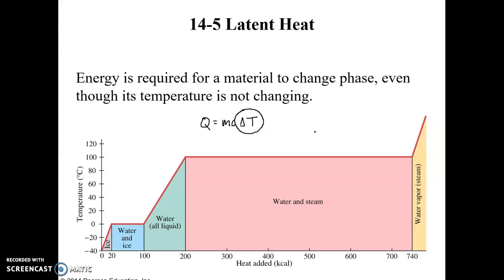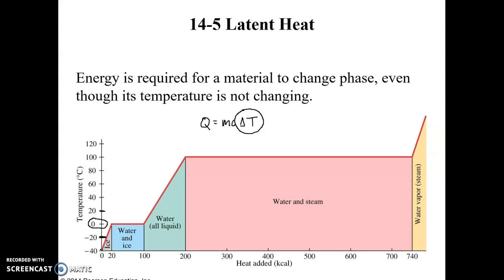For instance, if we're dealing with water, like we see in the diagram here, and our initial temperature is, let's say, negative 20 degrees, and we want to heat it up to positive 20 degrees. What's going to happen is at 0 degrees, the phase of that material is going to change.